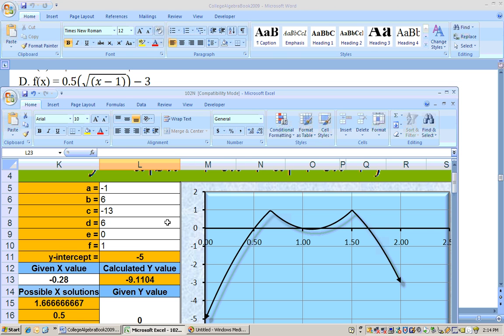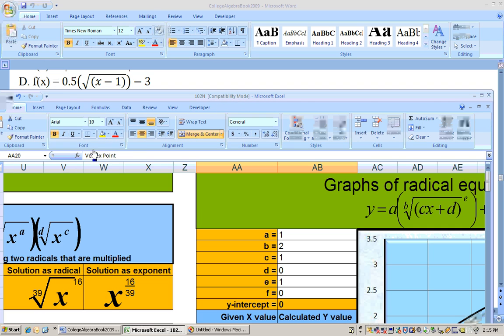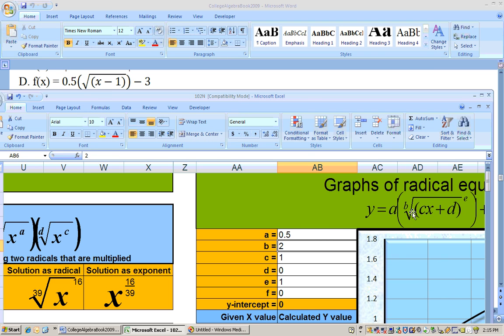So let me switch over to the radical sheet. Okay, I'm pulling my coefficients onto the radical sheet. I see that the a is 0.5, so let me put that in. The root is the square root, so the b is 2. The c is 1. The d would be minus 1.